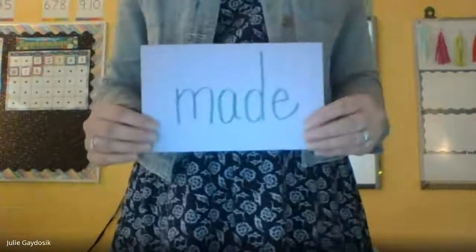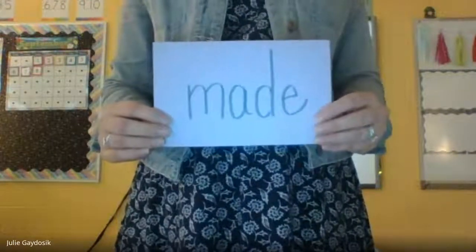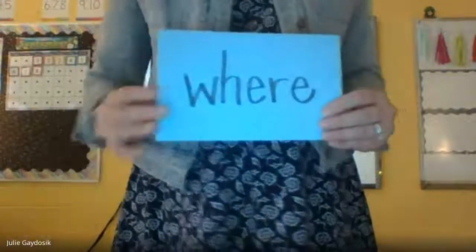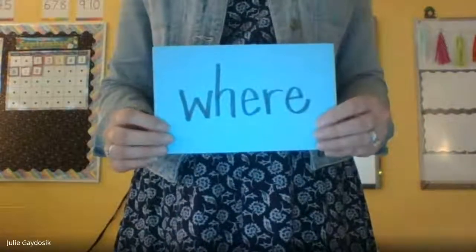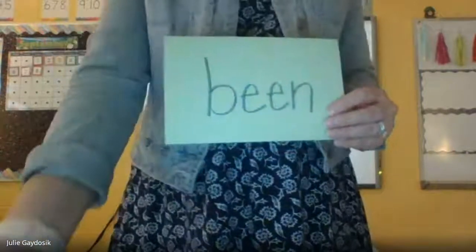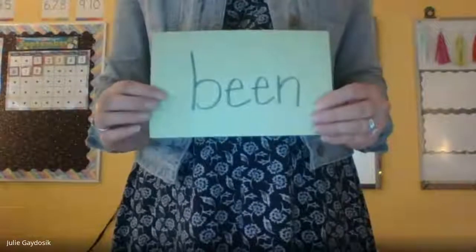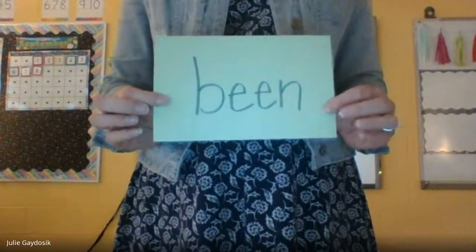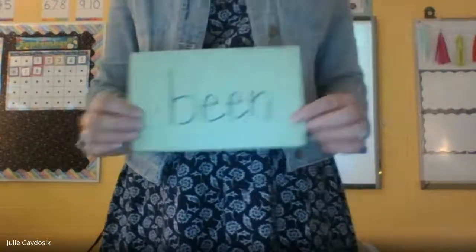The third word is made. Say it with me, made. The fourth word is where. Say it with me, where. And the last word is been. Say it with me, been.